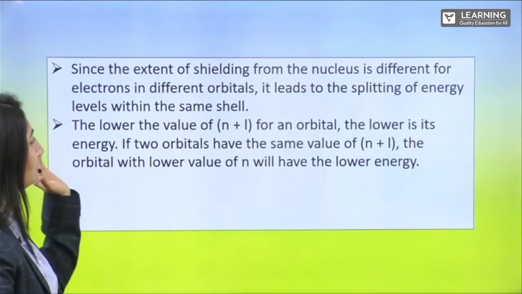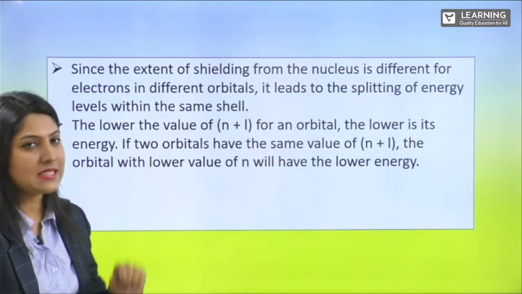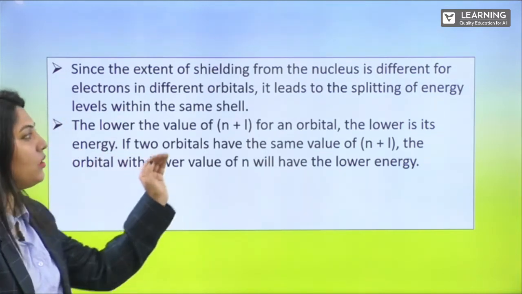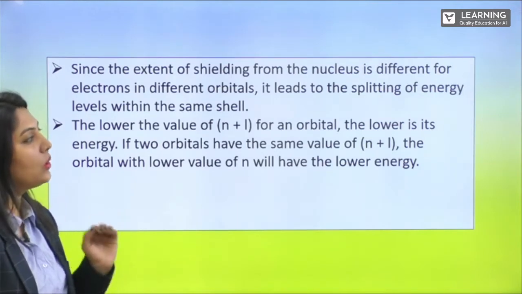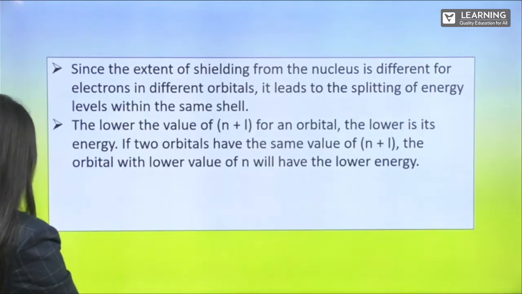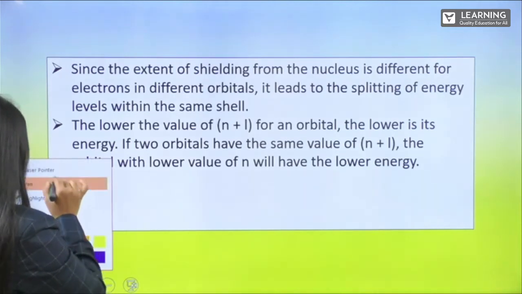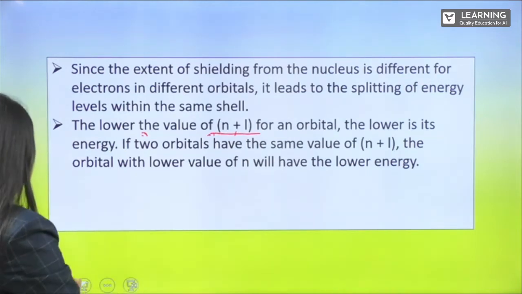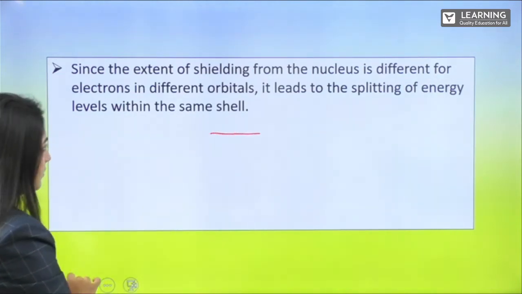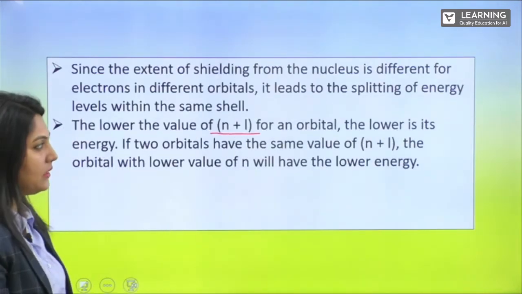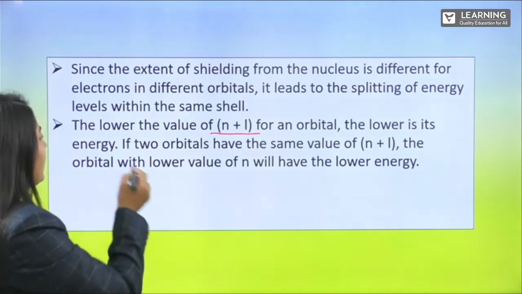So you can see here, the lower the value of n plus L for an orbital, the lower is its energy. I repeat, if the n plus L of an orbital is less, then the energy is also less.